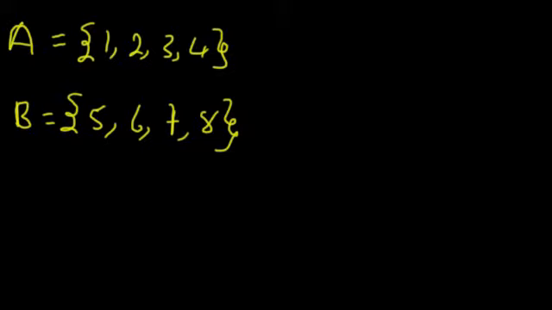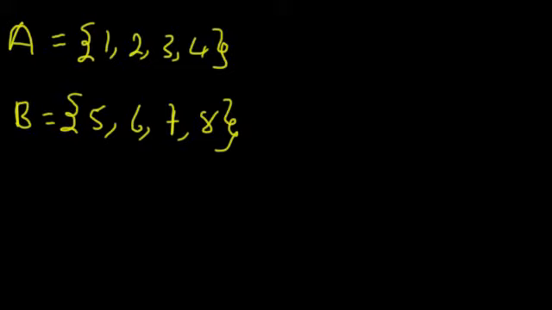The fact that there is no common element between set A and set B means set A and set B are said to be disjoint sets. Well, if it turns out that we have a common element between them, then we have what we call a joint set, because there will be an intersection between the particular sets.